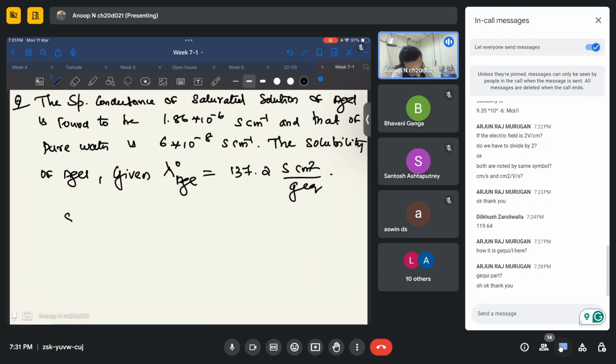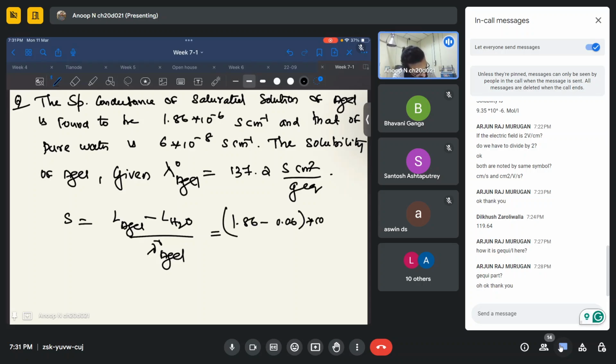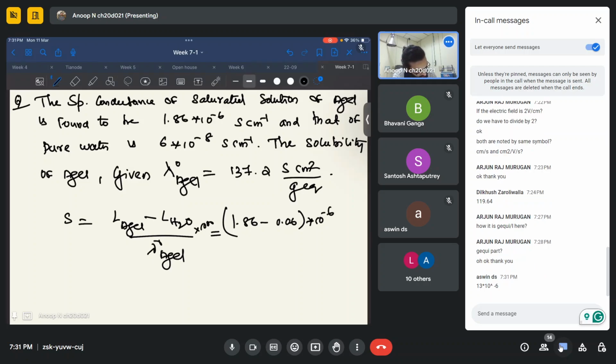So I will do that. S is equal to L of AgCl minus L of H2O divided by lambda 0 of AgCl, which is nothing but 1.86 minus 0.06 into 10 raised to minus 6 into 1000 divided by 137.2.